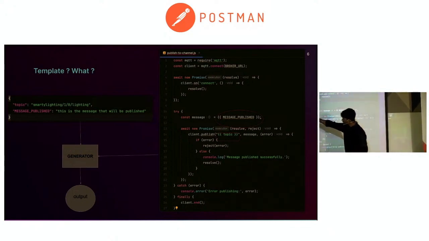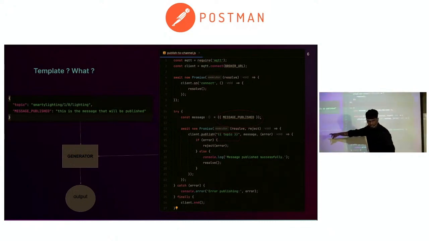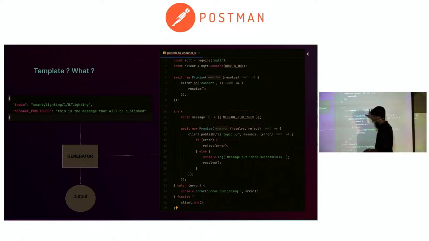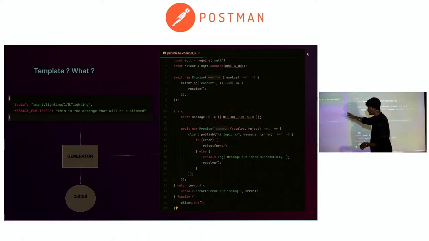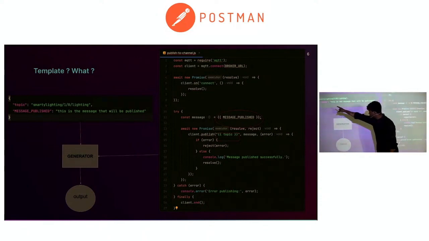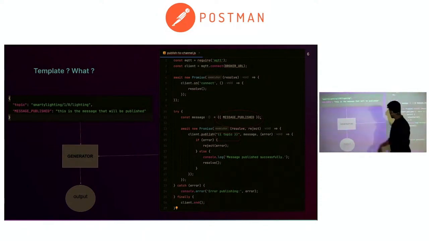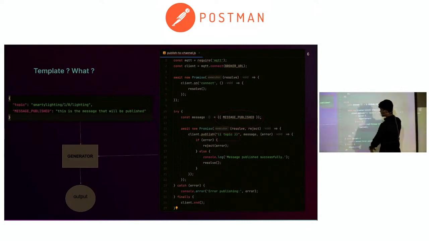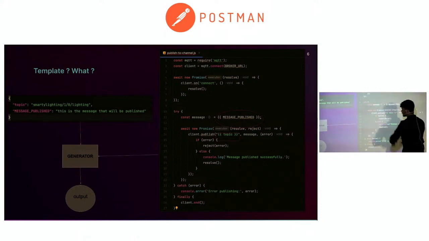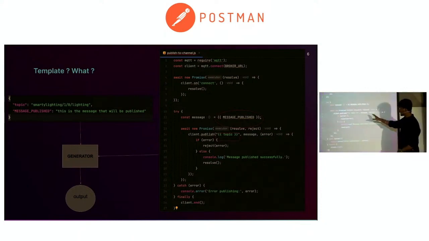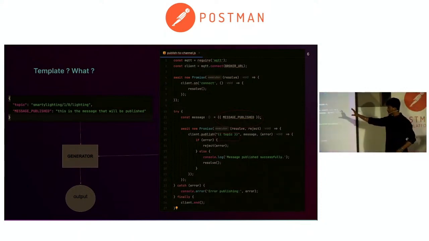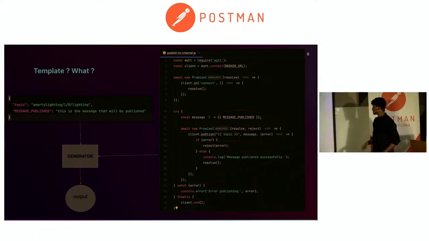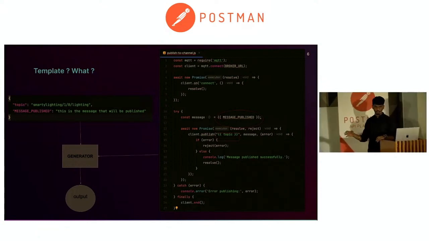So you can feed some data into the generator and also give this template to the generator. Let's say we have the topic and message published, two variables here, and two template placeholders here. It's going to take this template, feed those in here, and generate a new file. That's what the generator actually does. So this is actually called a template. This is just the basics around what a template is.